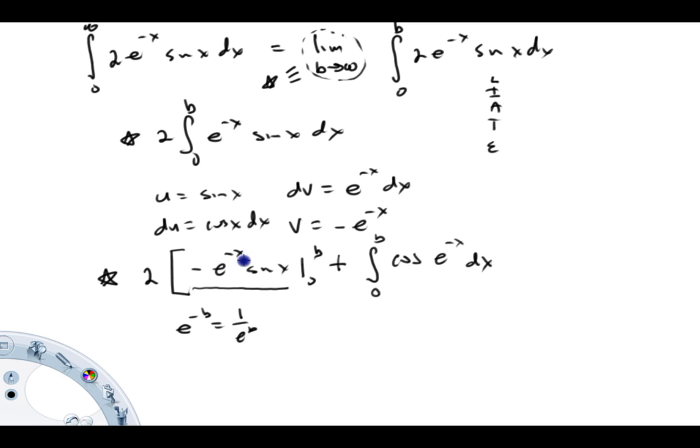So the top limit is 0. The bottom limit, when we put sine of 0, that's also 0. So this thing evaluates out to 0. So I'm going to put now the star operator times 2 times the integral from 0 to b of cosine x e to the minus x dx, and I see that I missed my little x there in the integral. Now we'll just start working on this, because this part has evaluated out to 0.